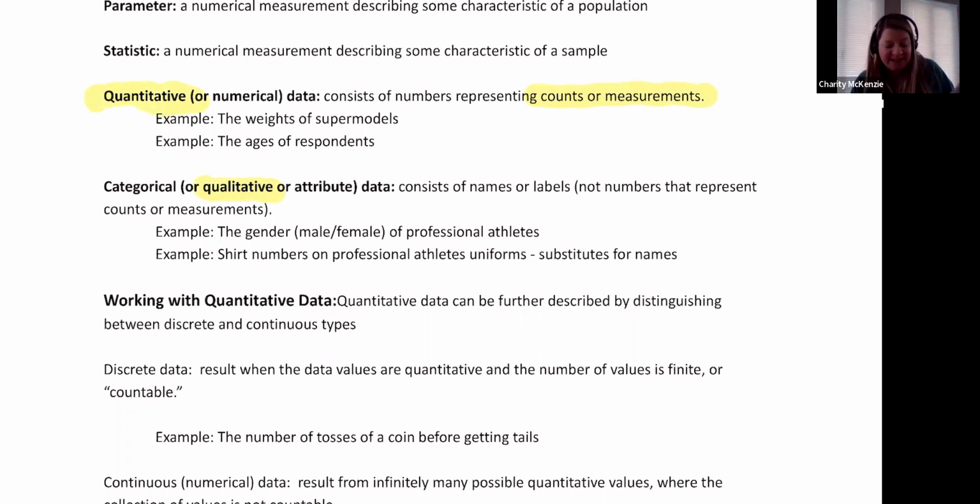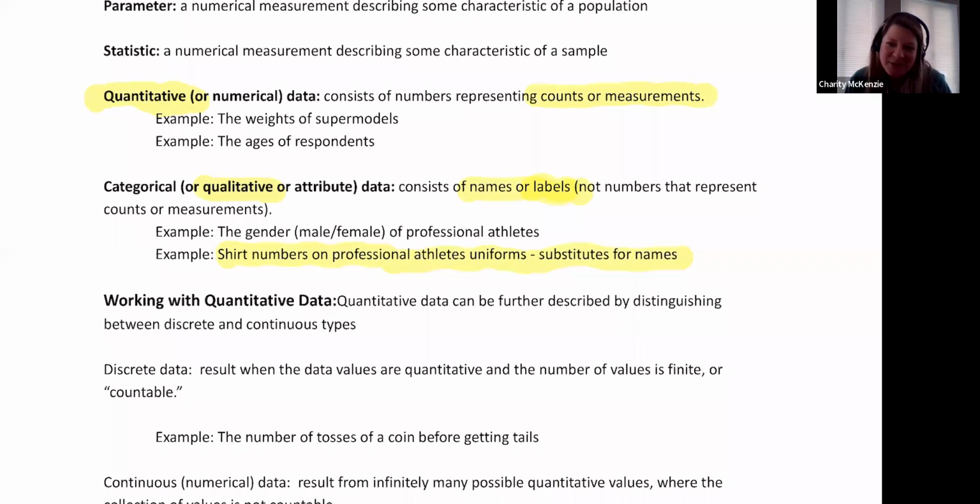Or I'm collecting, this one says, shirt numbers for professional athletes. Whatever it is, am I collecting something that is a label, right? Or a name? So the label or the name could be even your favorite color, or what color of hair most people have in our class, or something like that.